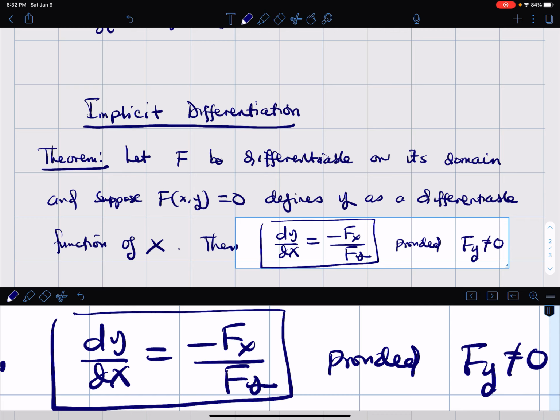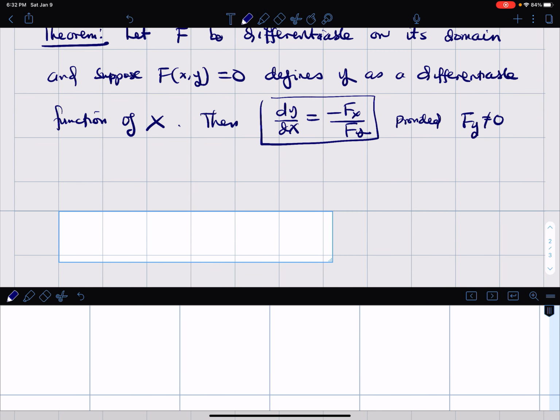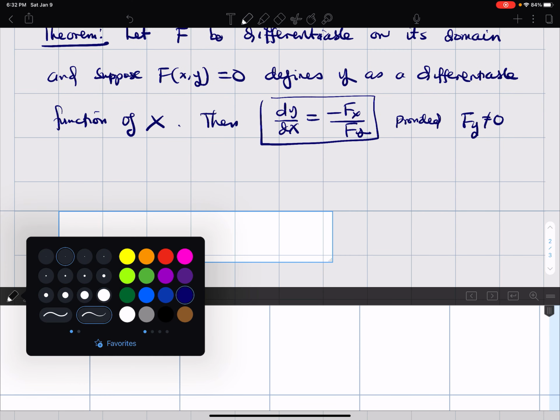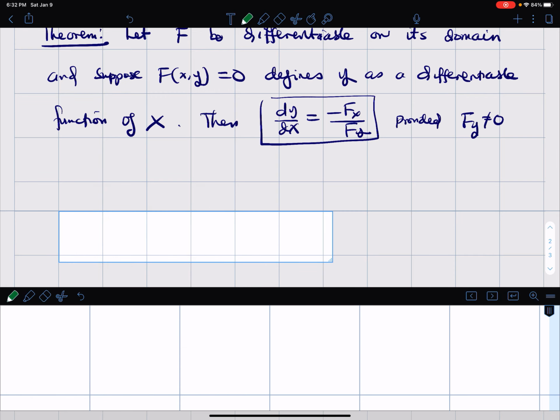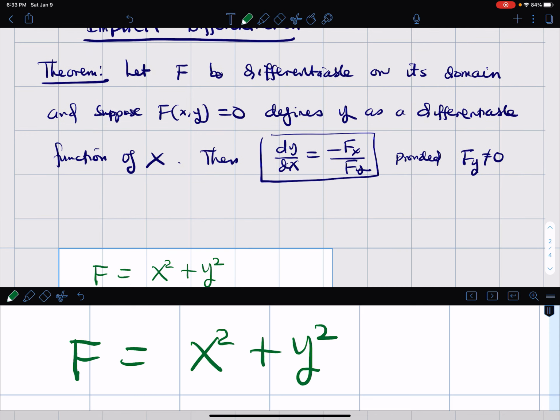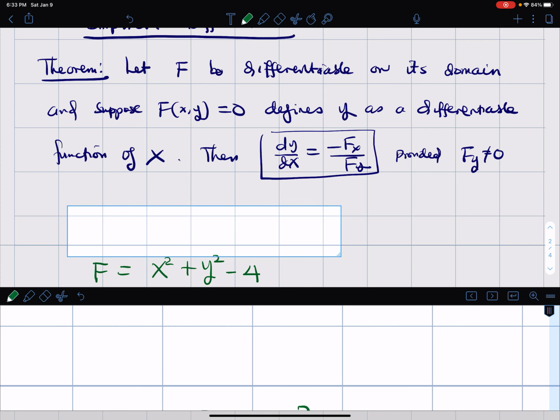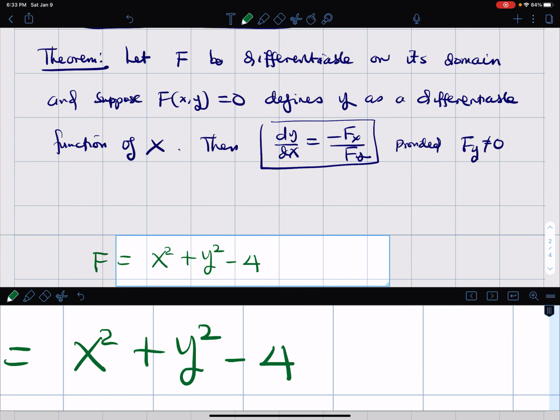Okay, now this is a lot. Let's try to break it down. Let f be a differentiable function. Let's start with a common example. Let f be x squared plus y squared minus 4.